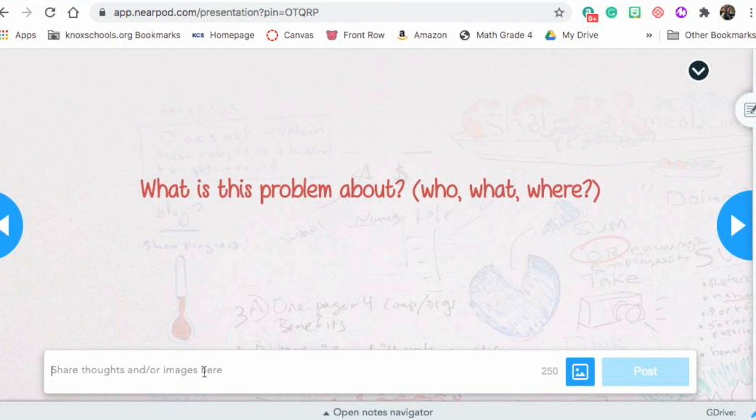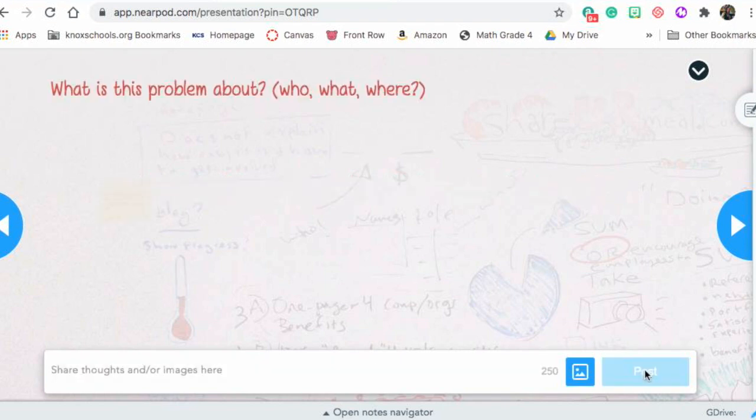And like I said, this problem is about a school art contest, and there are 2 paintings that have each received votes. And then you click post. Okay, and this pops it up, and then I'm able to see what you have thought that this problem is about. It is important that you do these steps. If you skip these steps, you do not get points for participating in the lesson.